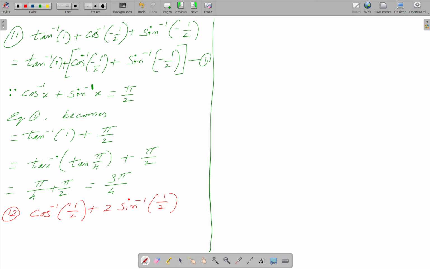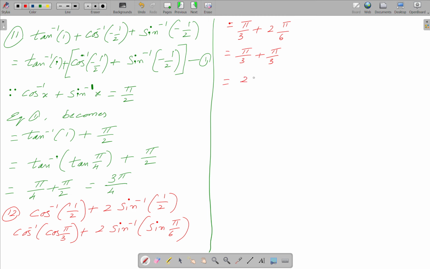Now cos inverse cos pi by 3 plus 2 sin inverse sin pi by 6 is equal to pi by 3 plus 2 times pi by 6, that is equal to pi by 3 plus pi by 3 is equal to 2 pi by 3. This is question number 12.